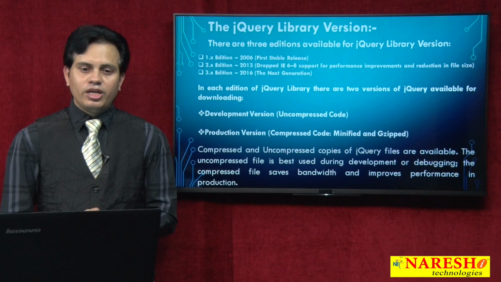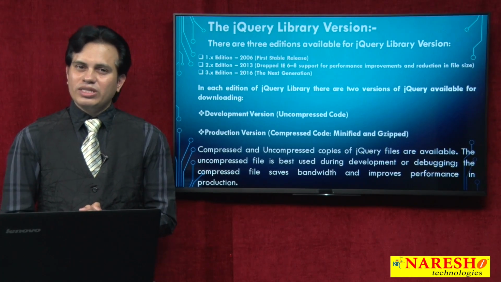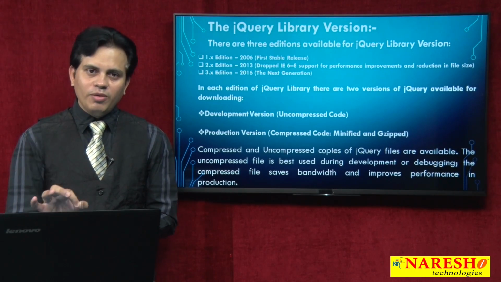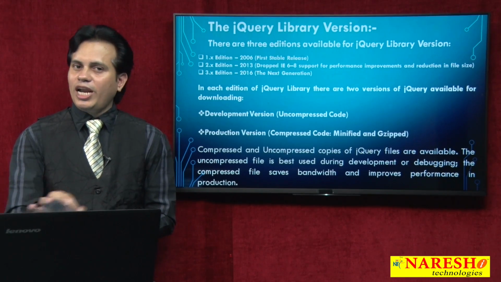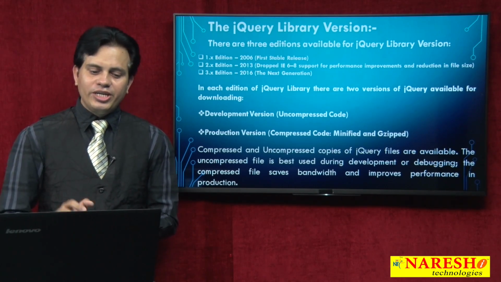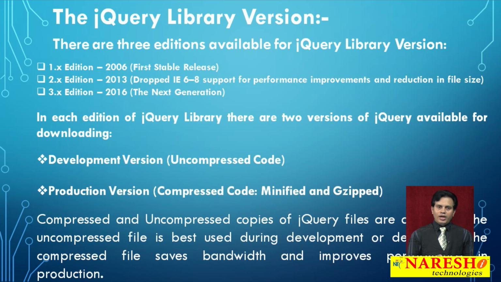Edition number 1 is named 1.x, which was released in 2006, and it is the first stable released version of the jQuery library. Then the 2.x edition was released in 2013, and it dropped IE6, IE7, IE8 support for performance improvements.